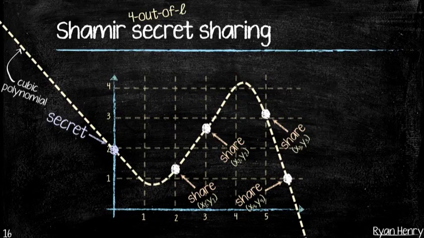It's a little bit harder to see how they're going to reconstruct the polynomial from these, but it turns out that it's actually very easy to reconstruct a polynomial through the set of points, and then you learn the secret. So with 3 points on this polynomial, every secret is possible, but as soon as you have a 4th point, you reconstruct the unique polynomial, and you can just read off what the secret is.